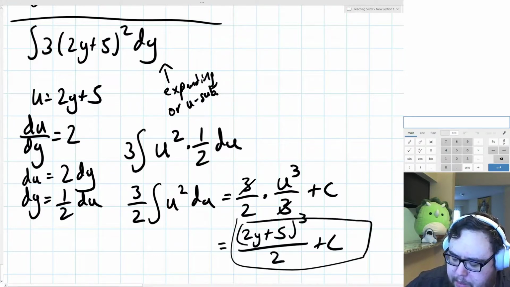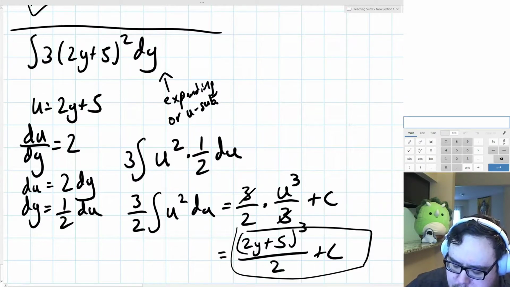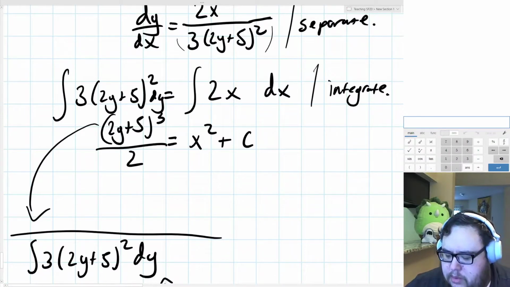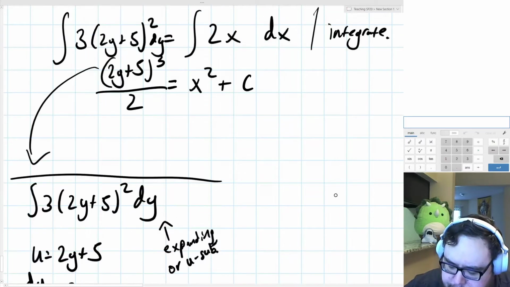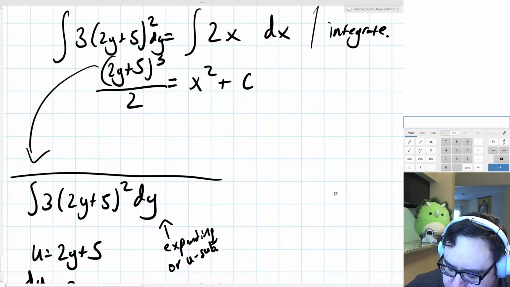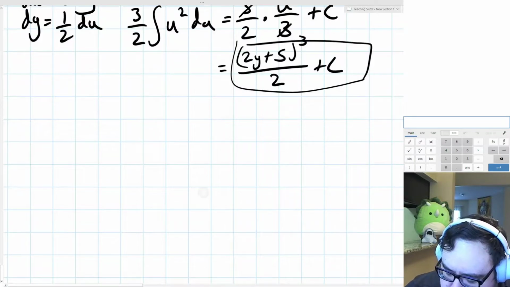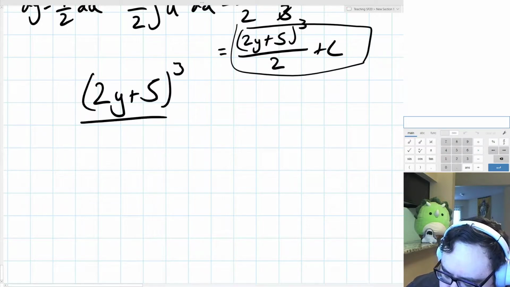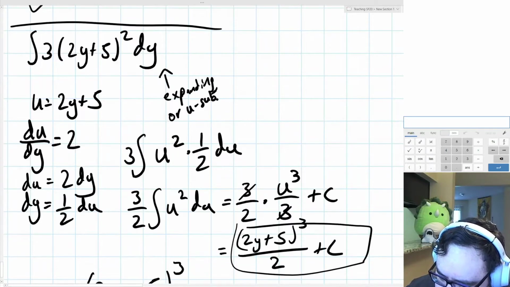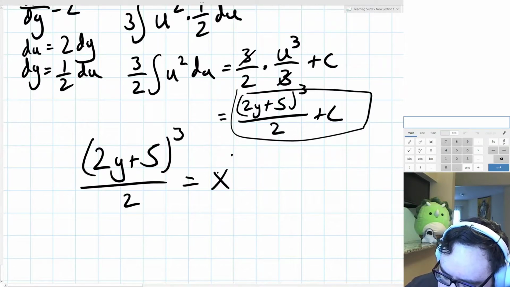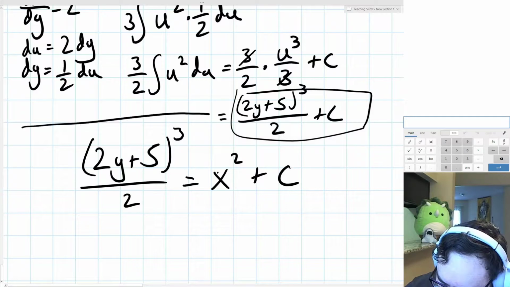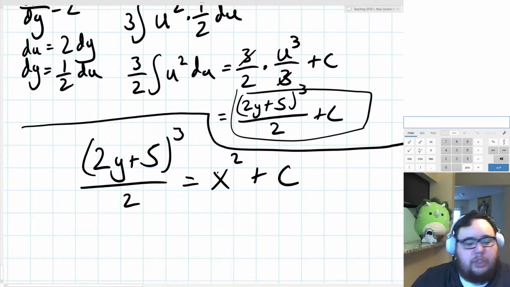So this we can bring back up here. So we have (2y plus 5) quantity cubed over 2 is equal to x squared plus c. That's so far our solution.